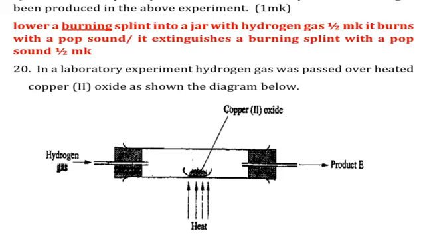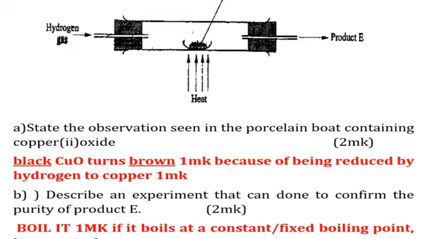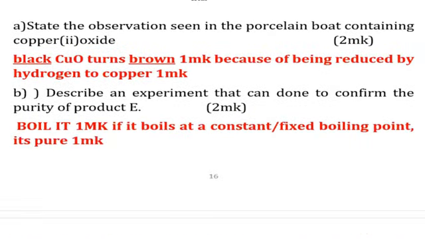Then we have product B, and you are told to state the observation seen in the porcelain boat containing copper II oxide. What happens there? Black copper II oxide turns brown because of being reduced by hydrogen to copper.